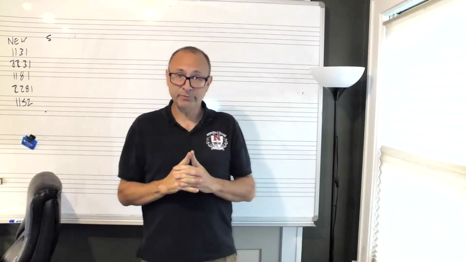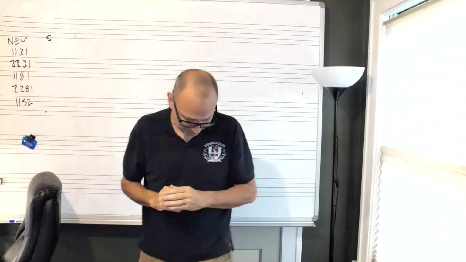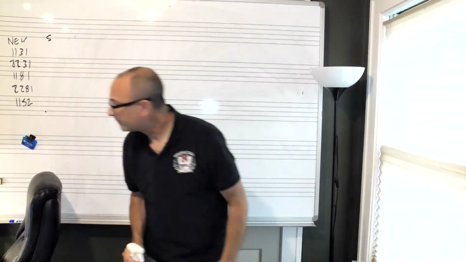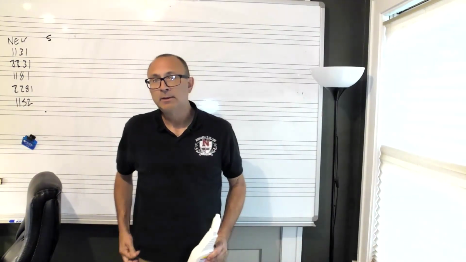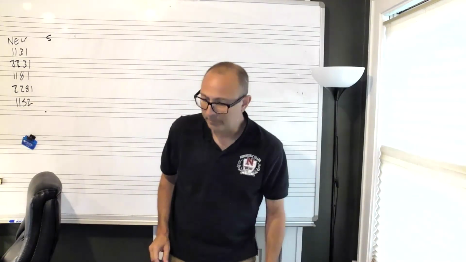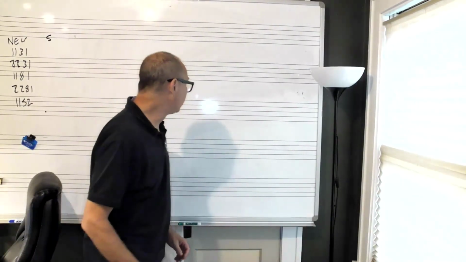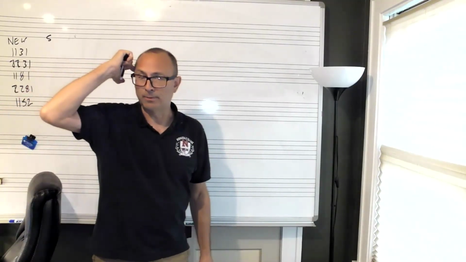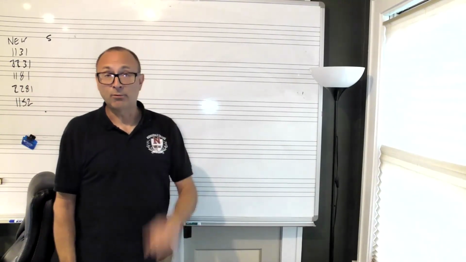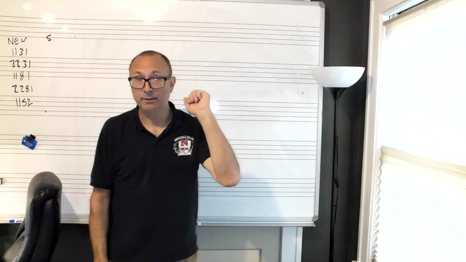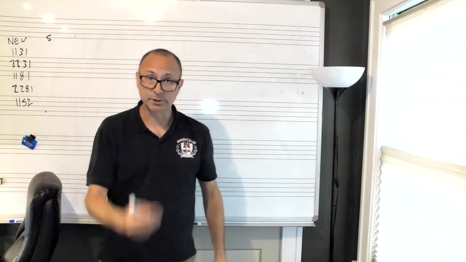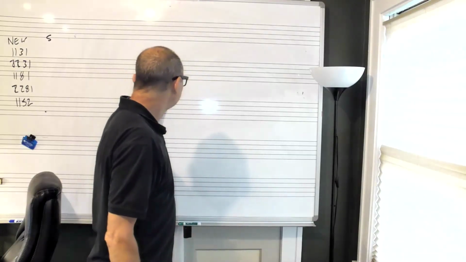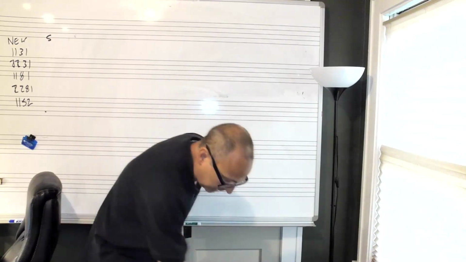Some placement tests will give you a melody and say, okay, chart the form. There are two primary forms that you're going to see: binary form and ternary form. Binary form. How many parts to binary form? 2. Ternary form has 3.